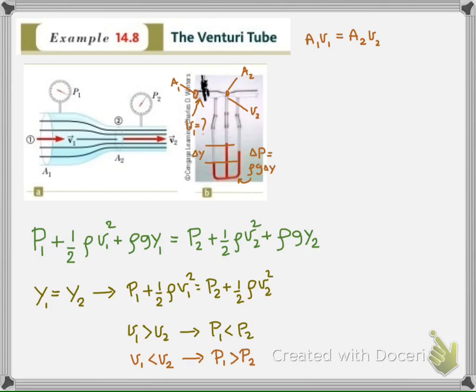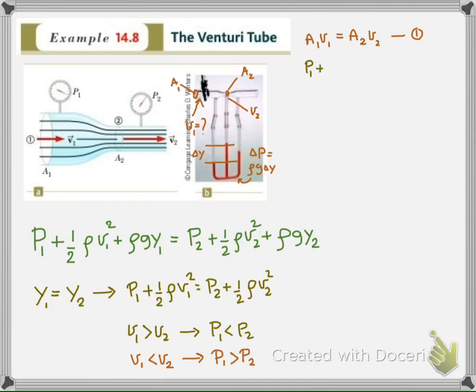But we can also calculate the absolute value, for example the absolute value of V1 here, if we know A1 and A2. We can do this by using first the continuity equation, and second the Bernoulli equation.